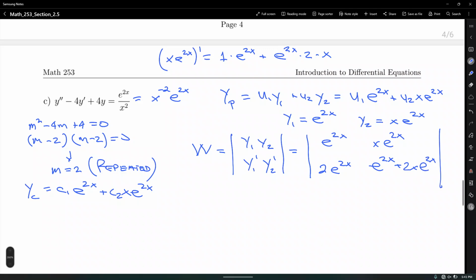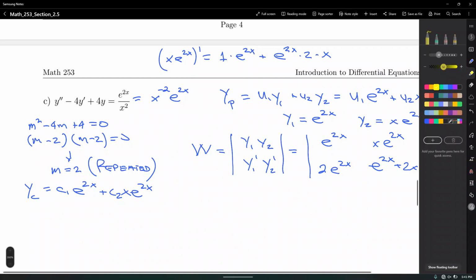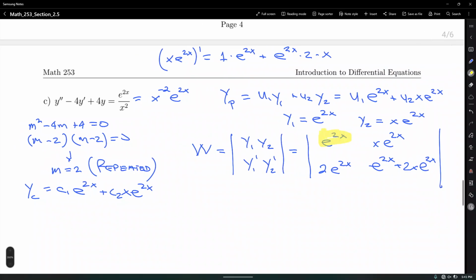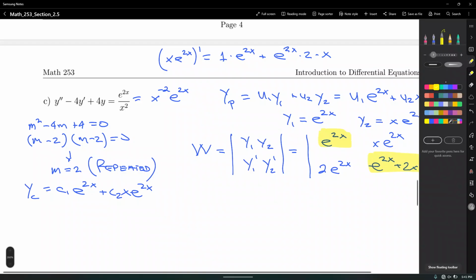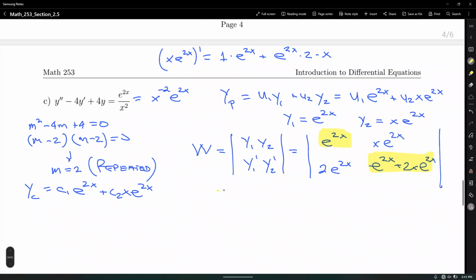So we need to compute this humongous determinant. Let me actually highlight the entries we're going to multiply together to give you a better visual. So we will multiply e to the 2x with all this madness there. That is e to the 2x times e to the 2x plus 2x e to the 2x.